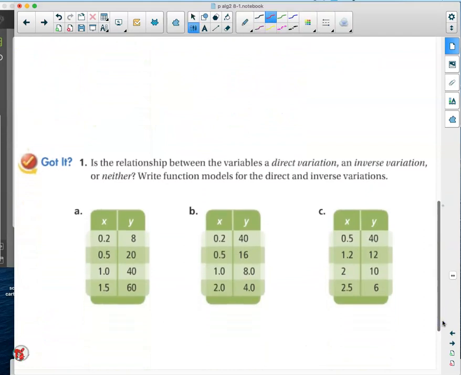All right, so let's do the math up here again for direct. X and y have to be together, so we're going to divide both sides here by x so we can look at the table.